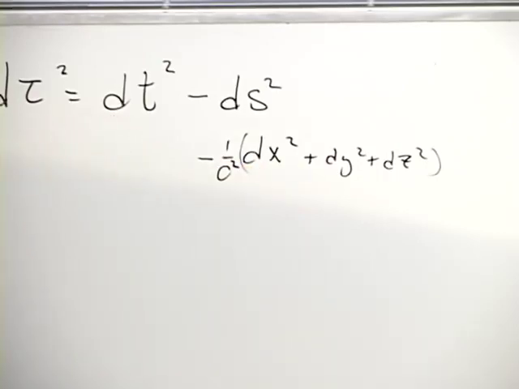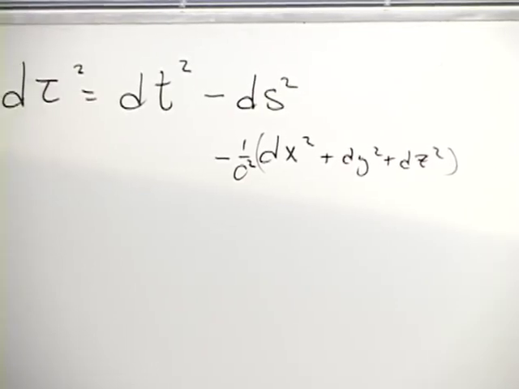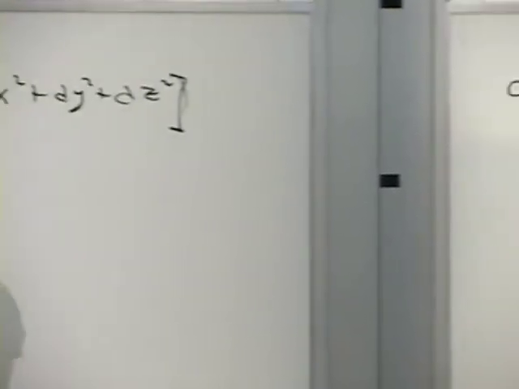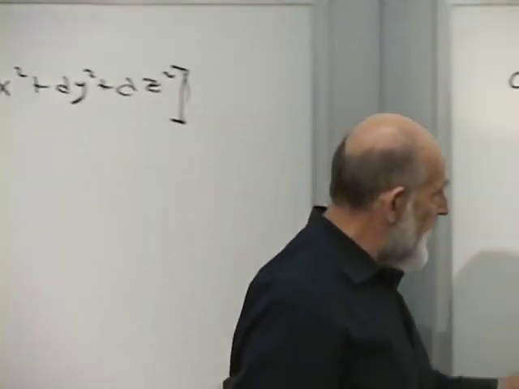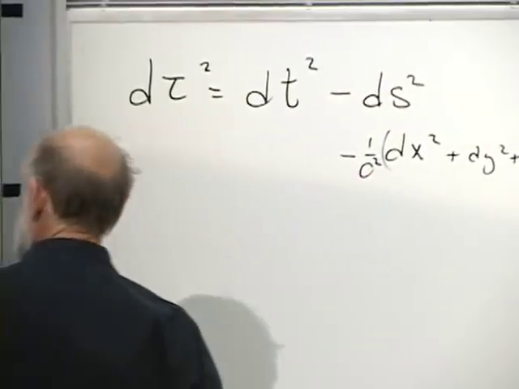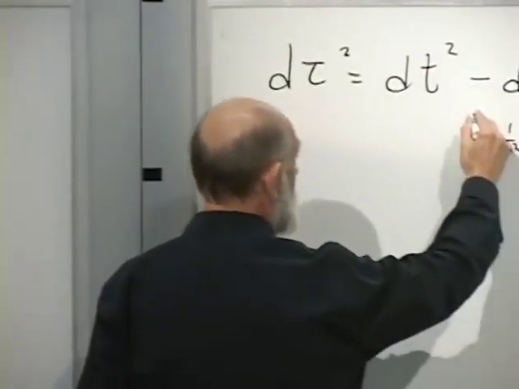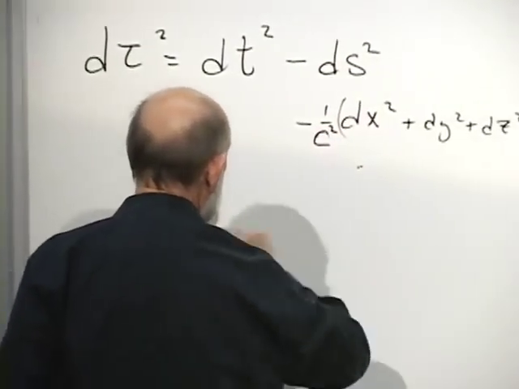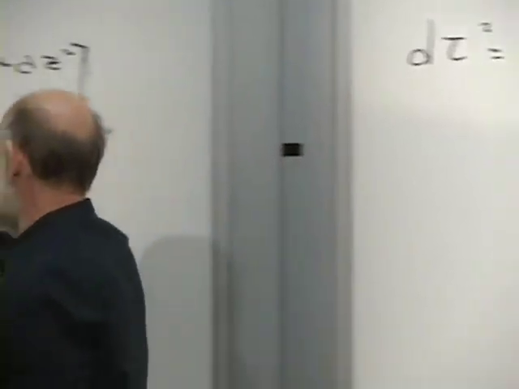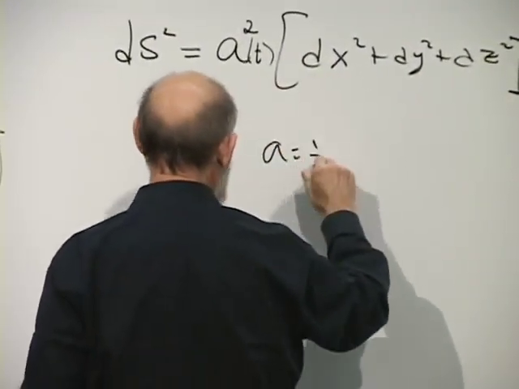That's the usual metric of the special theory of relativity. And by looking at this, we would just read off that ordinary special relativity corresponds to a metric like this. Well, the space components of the metric, ds squared, look like this. We would just say that a was 1 over the speed of light.